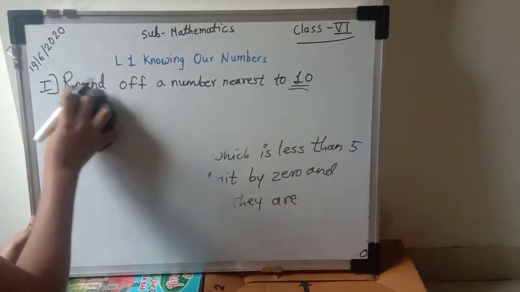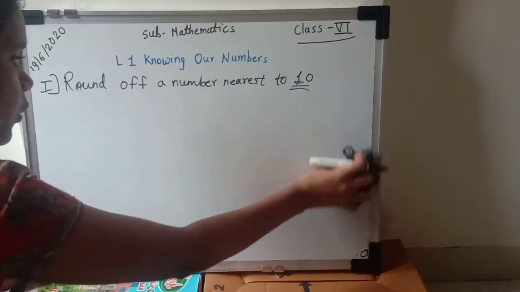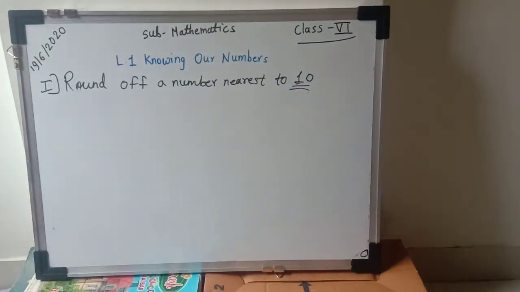Students, you can pause the video after finishing the session, repeat the video, and write down all the steps when I'm solving, rounding the numbers to the nearest 10, 100 and 1000.